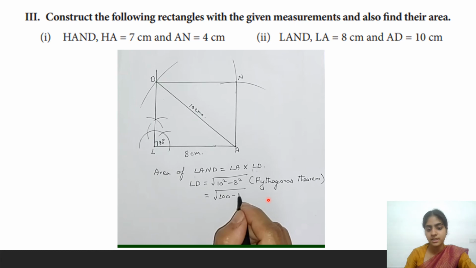Then 10 square minus 8 square, 100 minus 64, gives you 36, and root of 36 is 6 centimeters. So we know the side LD. Now base into height, LA into LD, will be 8 centimeter into 6 centimeter, which gives us 48 centimeters square.